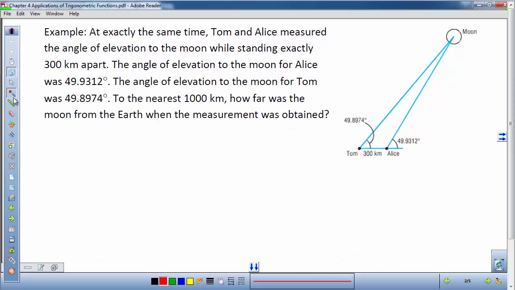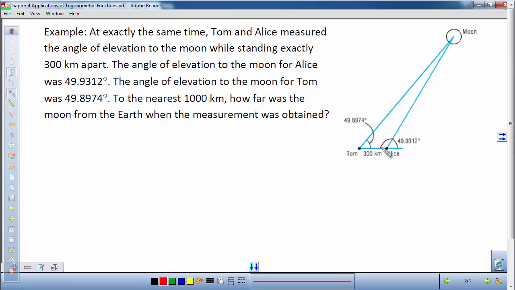All right. So when I look at this picture, what do we note? What kind of information do we have? Okay, we got two angles and a side. One of those angles is not in the triangle, but I can figure out what this angle is in the triangle by doing what? Subtracting from 180.